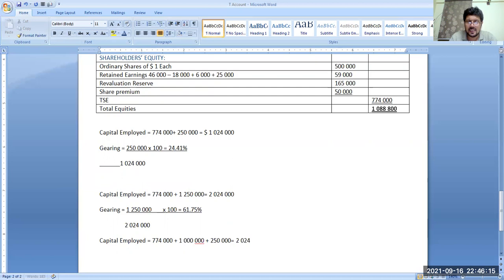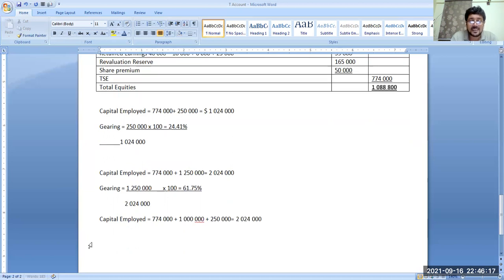Capital employed would be the same, but your gearing differs. This time capital employed is increasing because total shareholder equity is increasing by 1 million, not the liabilities.